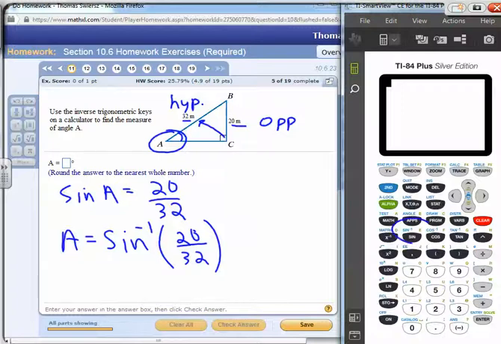Notice the sine inverse is in blue on the sine key, so you'll hit the second key and then the sine to get the sine inverse. Then you put in 20 divided by 32 and you'll get the measure of the angle. So let's go ahead and do that on our calculator.